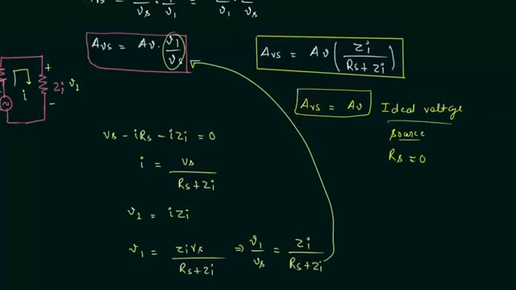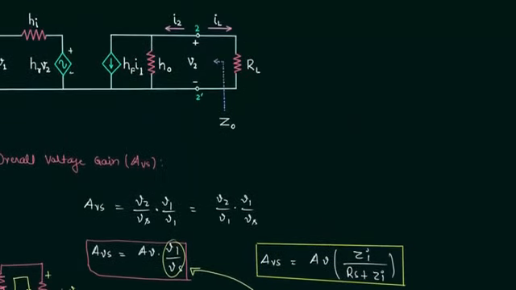Now we will move to the next part of this lecture, in which we will calculate the overall current gain. The overall current gain is represented by AIs, and to find overall current gain, first we need to define it.